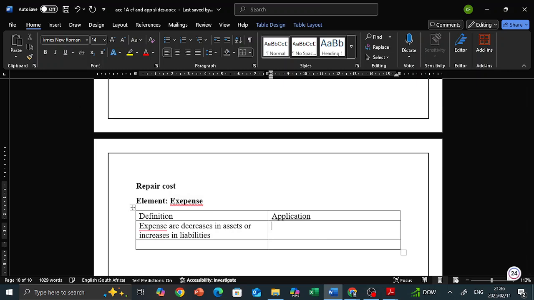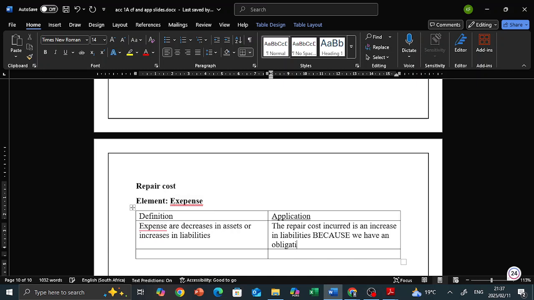The repair costs incurred is an increase in liabilities because we have an obligation to pay Lungisa Ltd. That is why when you practice your applications, if you understand the definitions well, you will be able to apply the expense definition and apply the liabilities definition as long as you do it correctly.